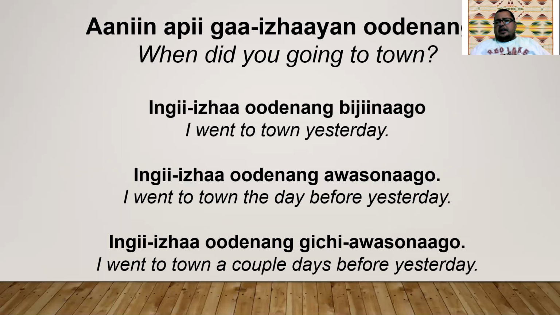Ingi ezhaayan bijinago. I went to town yesterday. So you're giving the person that's asking where you went, when you went, and telling them that it's past tense by using ingi. I did. I went. Ingi, something that happened in the past. Ezha, went, or to go. Odenang, town. Bijinago is the time or the day.